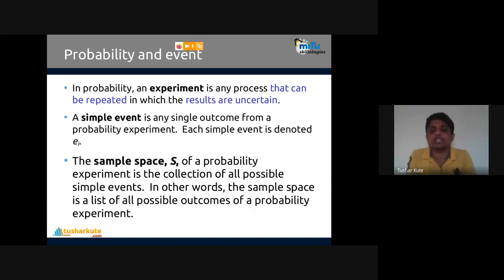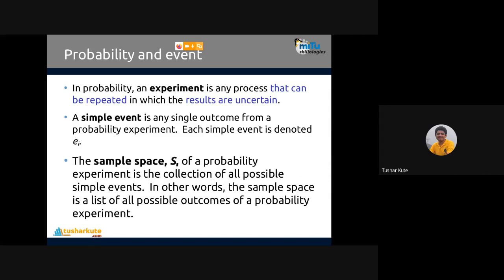Now, using that, we have some terminology. A simple event is any single outcome from a probability experiment, denoted by E_i. That is the event we call.